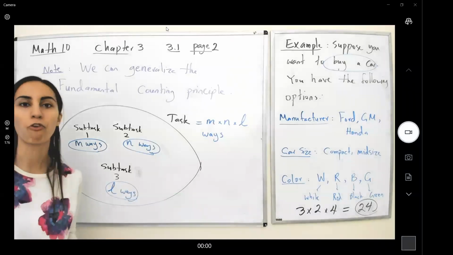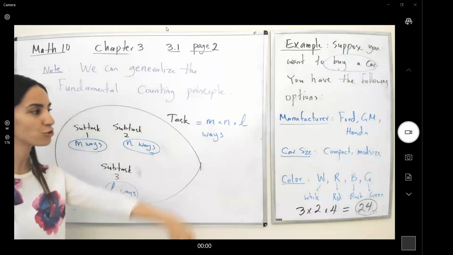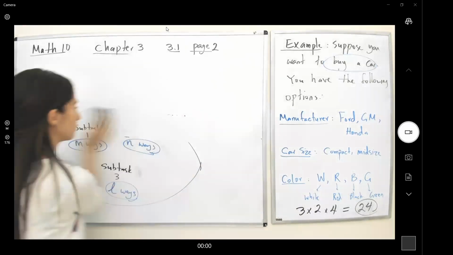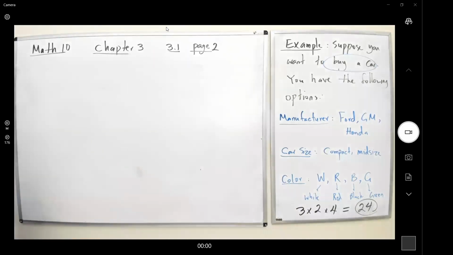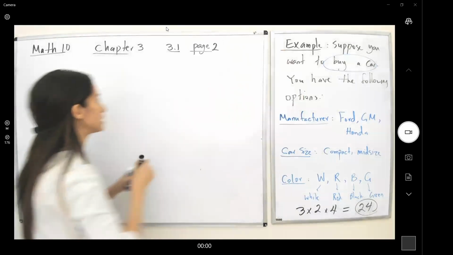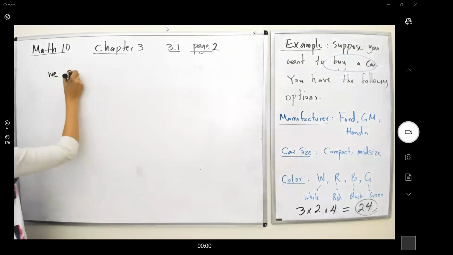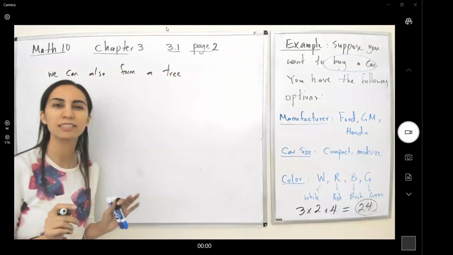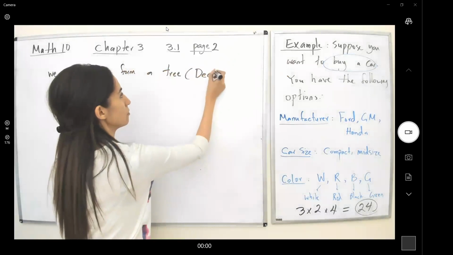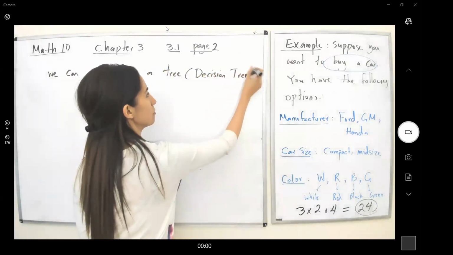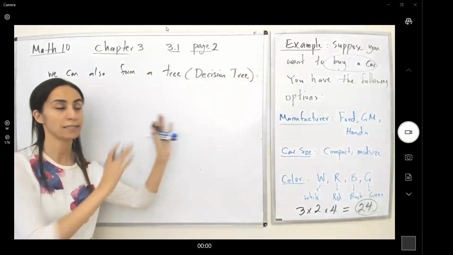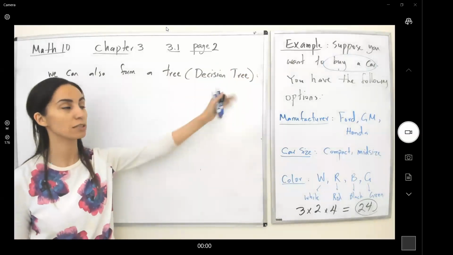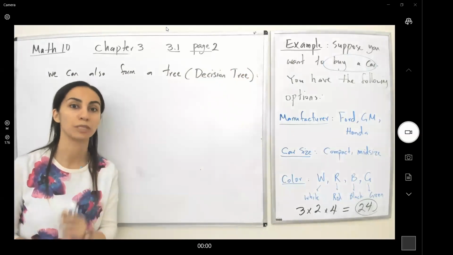So we can also form a tree to connect these together and visualize it better. I'm answering this example. We can form a decision tree. This is a very basic concept that we are going over here. The more advanced uses of decision trees are in social media.